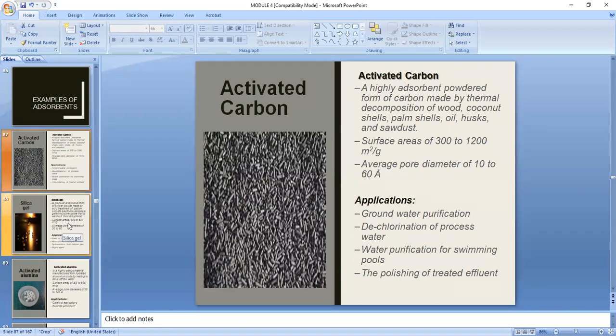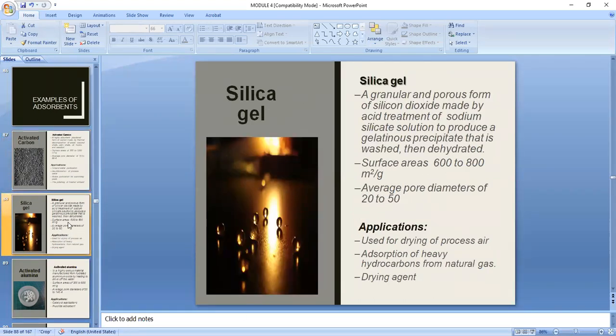The second most popular is the silica gel. We have this in packagings actually. It is a granular and porous form of silicon dioxide made by acid treatment of sodium silicate solution to produce a gelatinous precipitate that is washed, then dehydrated. Surface area is even higher, 600 to 800 square meters per gram with an average pore diameter of 10 to 50 angstrom.